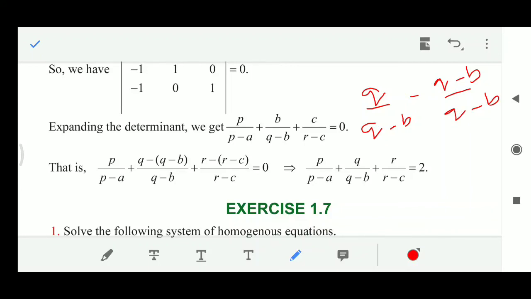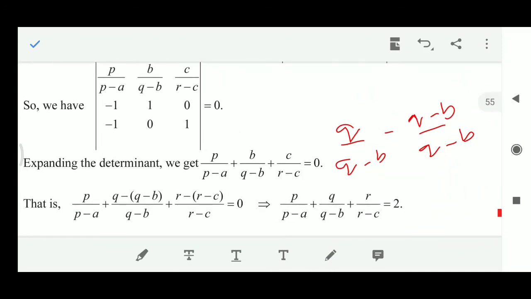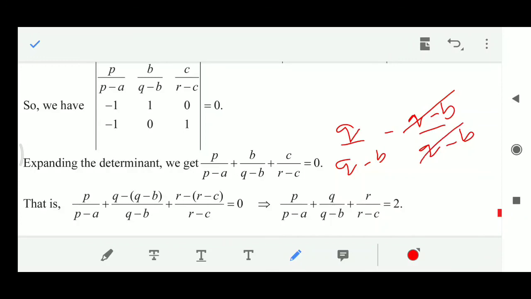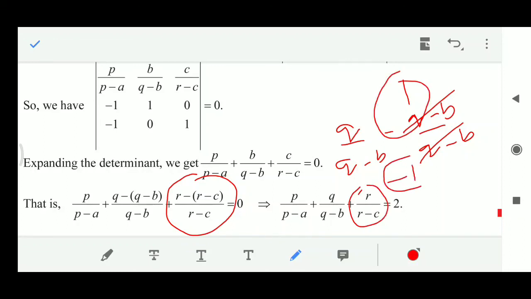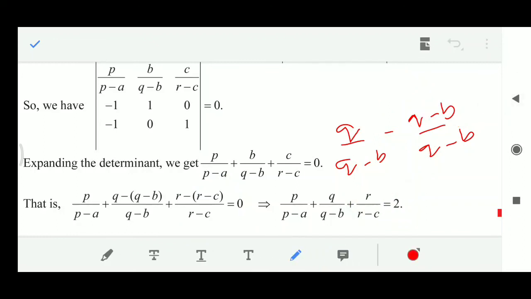If you do this in the third term also, you will get R by R minus C and minus 1. So the minus 1 and the minus 1, if you add those two you will get minus 2. If you take this minus 2 to the right side it becomes plus 2. So you will get the proof as P by P minus A plus Q by Q minus B plus R by R minus C is equal to 2. Hence it is proved.